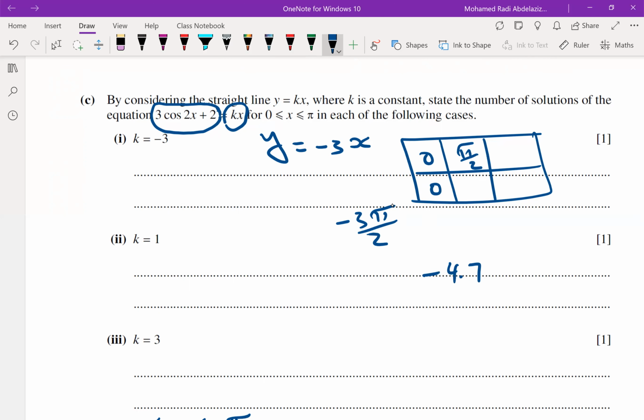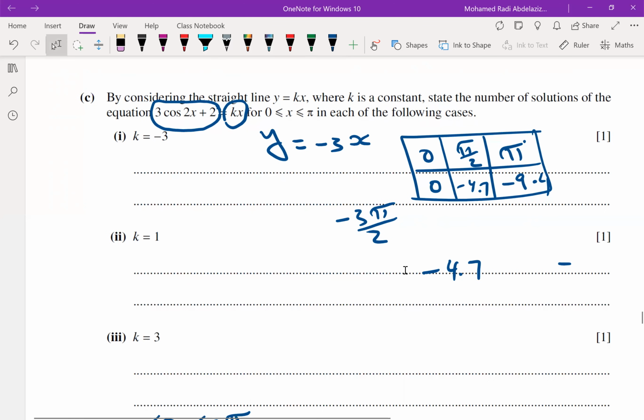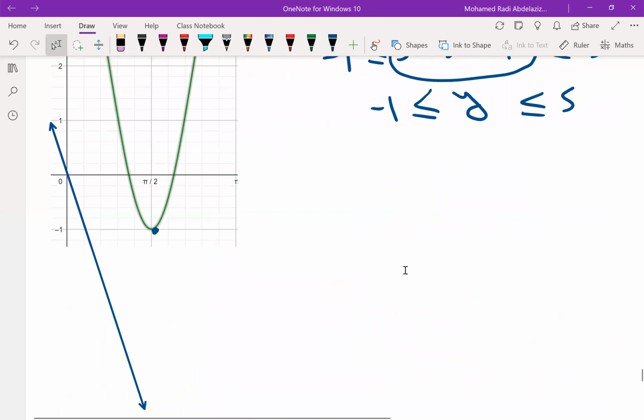If we substitute by pi, negative 3 times pi, it's approximately negative 9.4. Pi over 2 is approximately negative 4.7. If we try to show the line on the graph, 0, 0, and if you substitute by pi over 2, you will get this value. As I told you, it's negative 4.7.